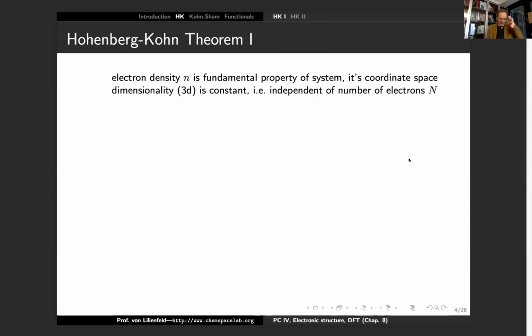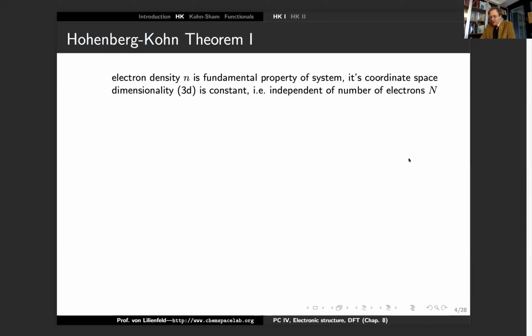N is used more among the physicists because n is typically a particle density symbol, right? And electrons are particles, so this is quite common. Now, this n is supposed to be a fundamental property of the system, right?